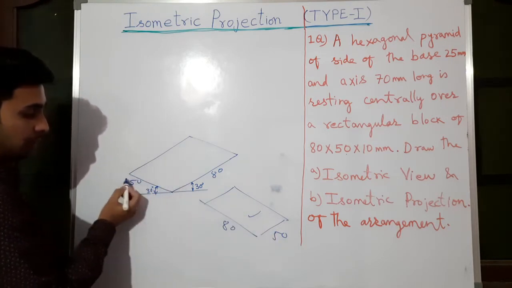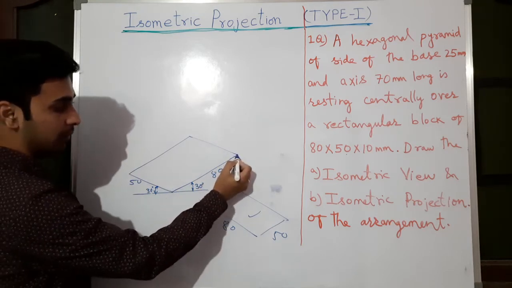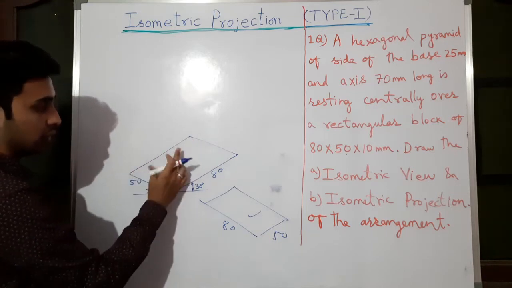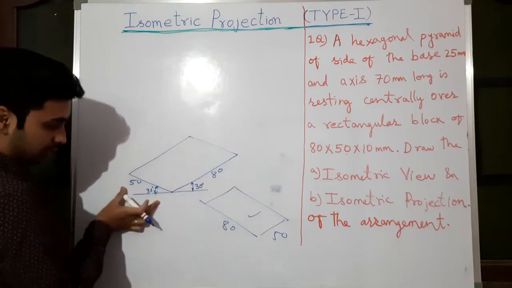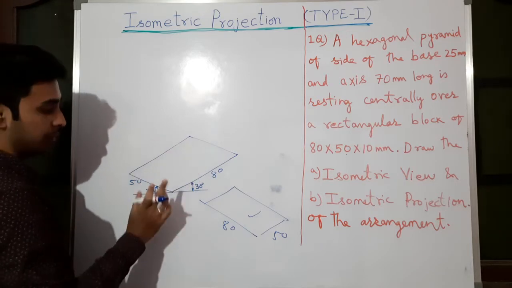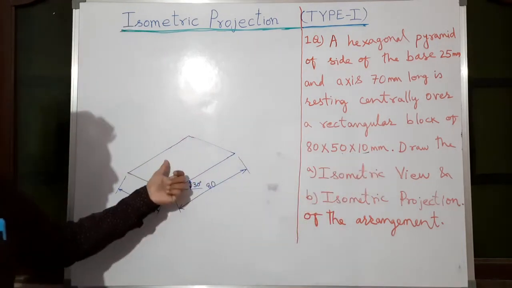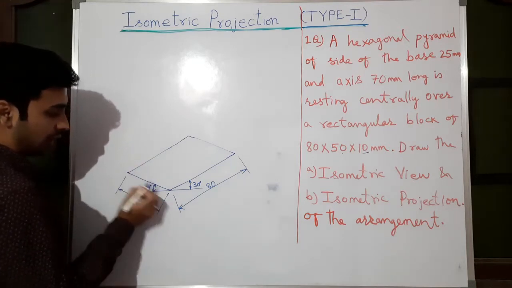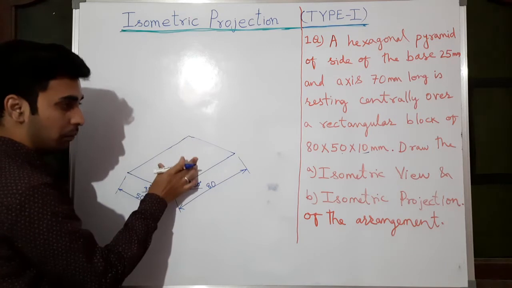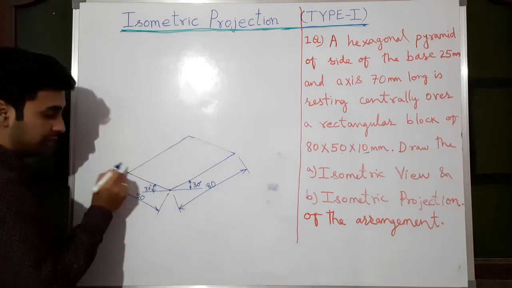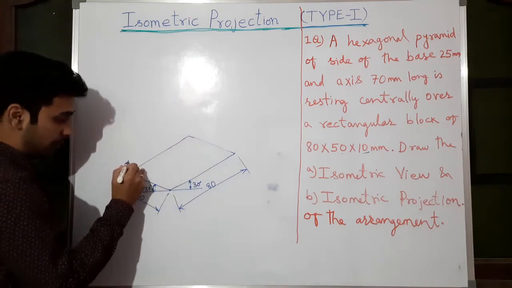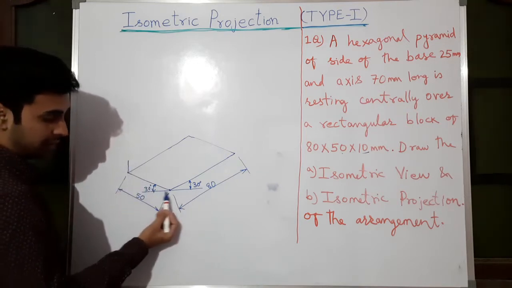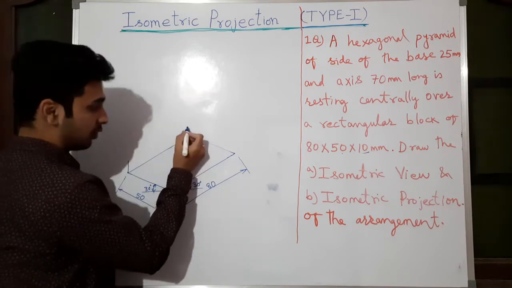A 30 degree line of 50 mm, another 30 degree line of 80 mm, parallel to this from this end and parallel to this from this end, we are joining. Both are the same length, 80 and 50, with 10 mm thickness, so this rectangular sheet will become a solid block. From each corner go 10 mm vertically upward, straight vertical, meaning perpendicular to the baseline or reference line.